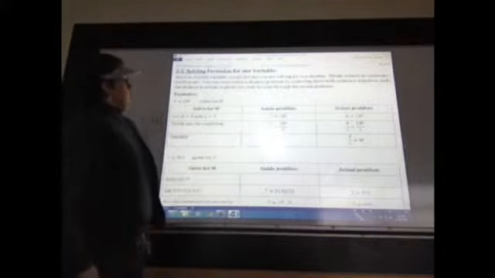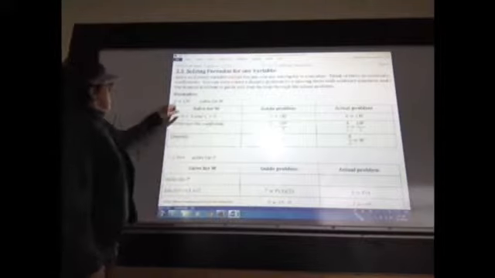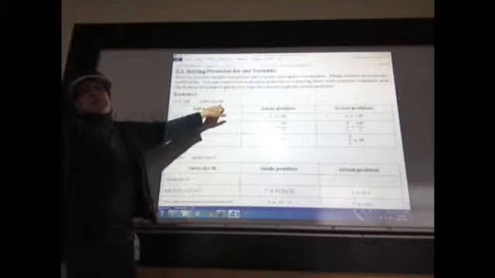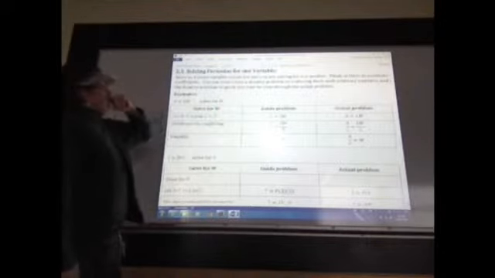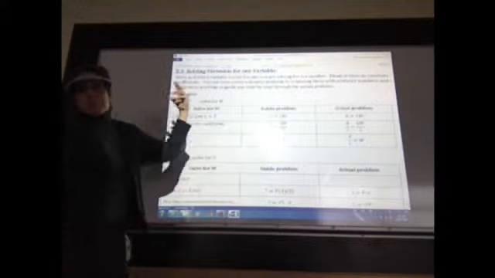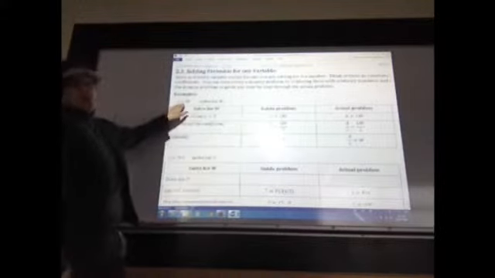For instance, this is area equals length times width, and we want to solve it for width. So I need to rearrange this formula so it's width equals whatever in terms of area and length.